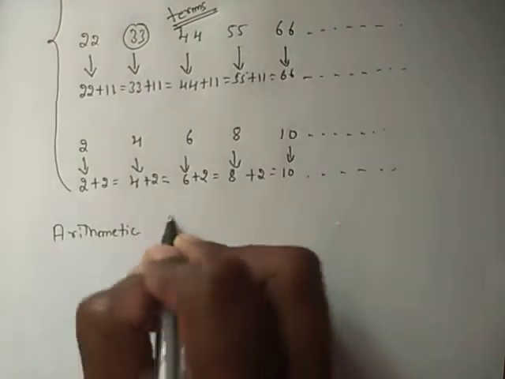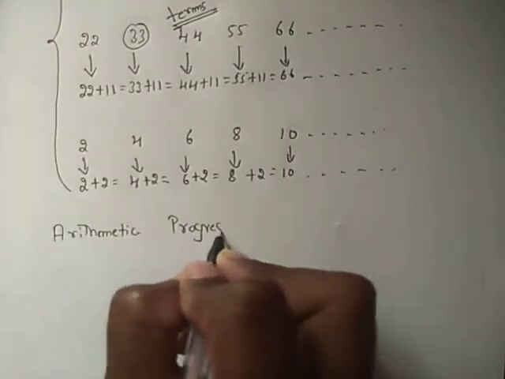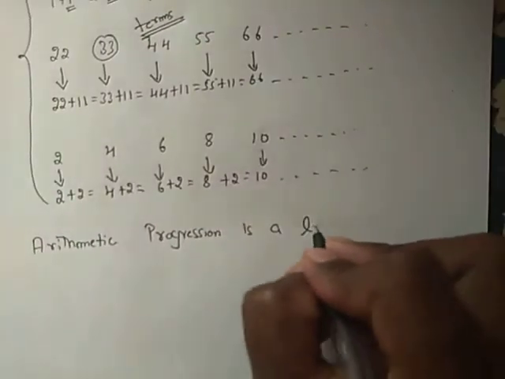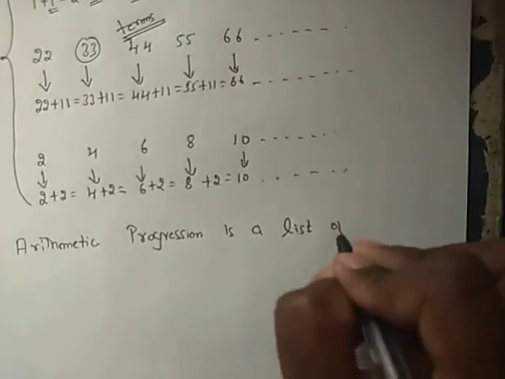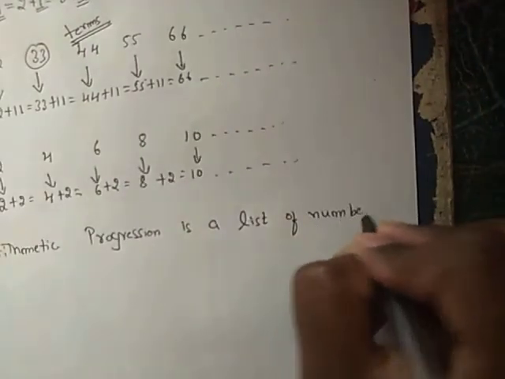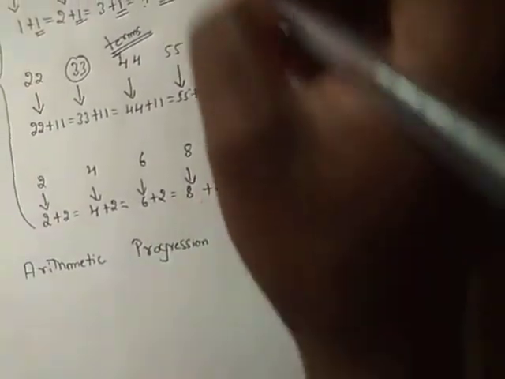Arithmetic progression is a list of numbers. So these are the list of numbers.